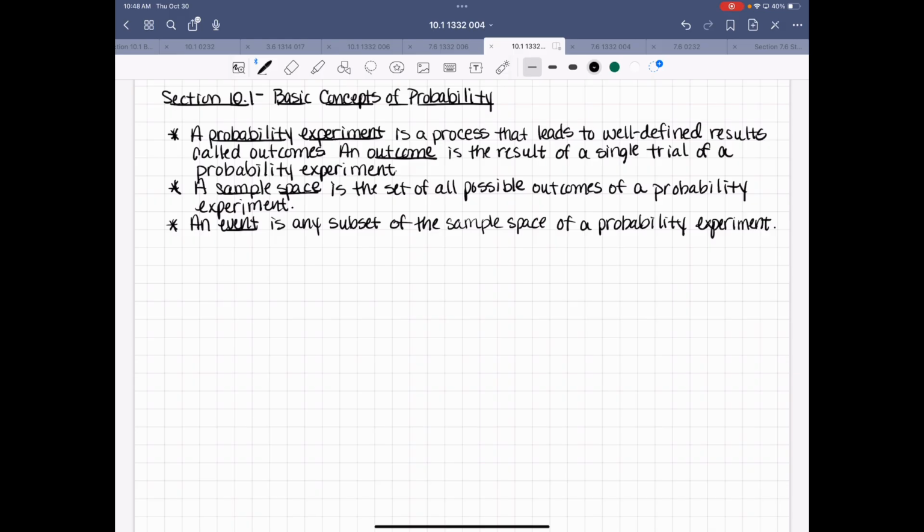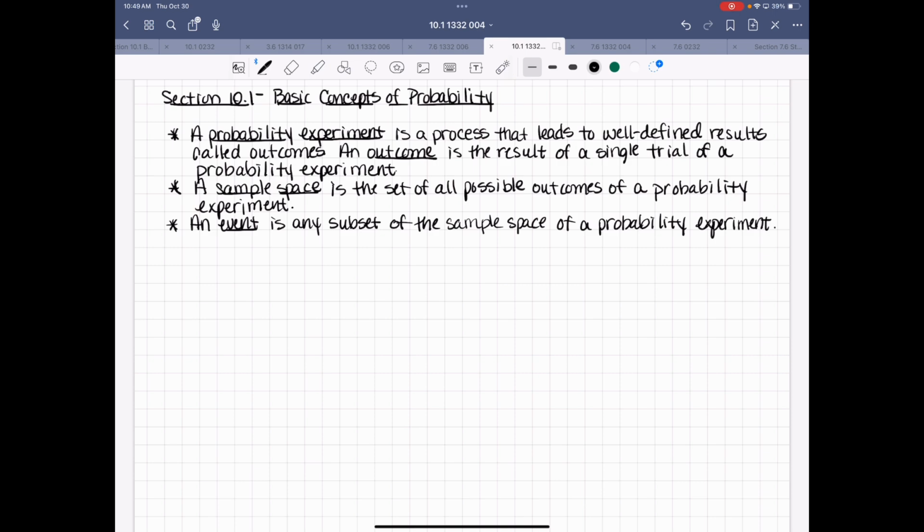You roll dice if there are multiple die. One is a die. More than one is dice, okay? You usually think of it as dice because when people roll dice, there's usually two, so they're dice. But one die, if you roll one, what are the possible outcomes? That sample space is you're going to roll a 1, 2, 3, 4, 5, 6, okay?